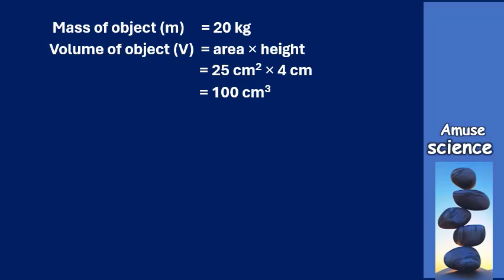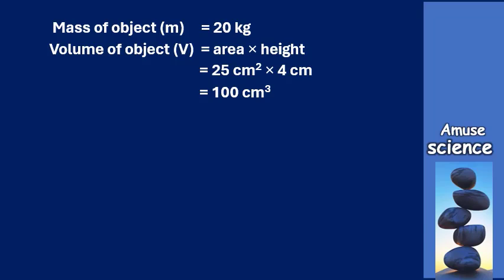But since the question has asked us to calculate the density in kilogram per meter cube, we have to convert our 100 cm cube to meter cube. How do we do that? It's very simple. By the way, in order to really know how to convert units in a very simple way, check out our video, which is coming very soon, on unit conversion.